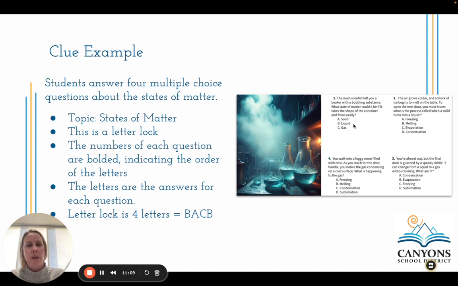So if it was B, this would be A. This one, I believe, is C. No, B. This one is B. And then this was C. That's why this is actually wrong. So please don't judge me for that. But they want to put them in the order based on that. So just an example, you can be creative. It's not super obvious at first. There has to be some problem solving as part of this activity.